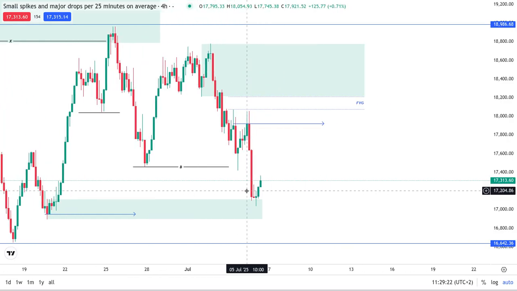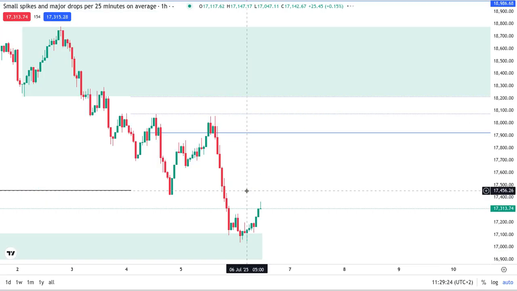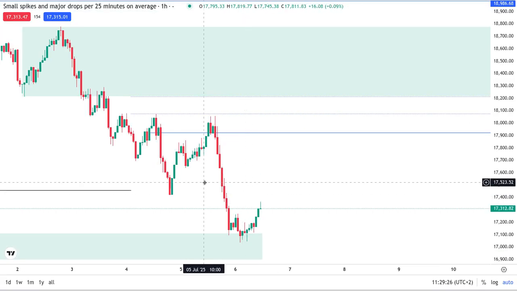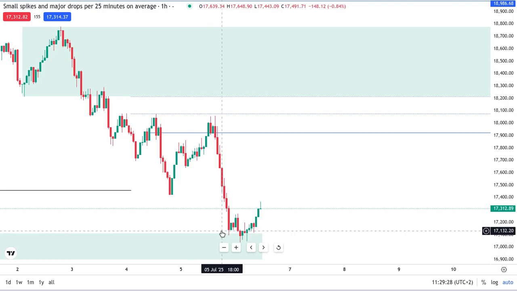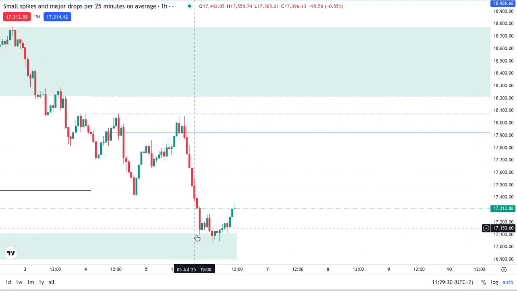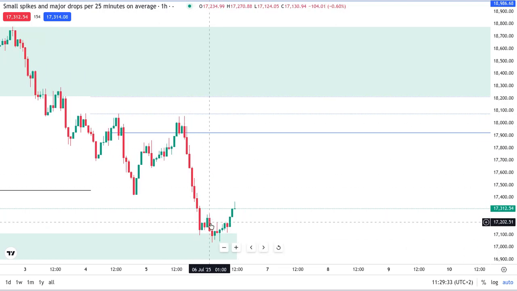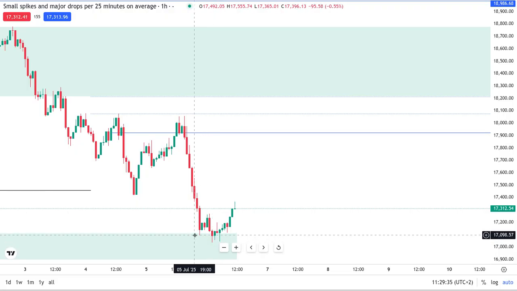Let's scale lower to the 1 hour time frame, and this is what we can see on the 1 hour. So price dipped lower, got back higher, dipped lower. We tapped into that. We swept liquidity right there.